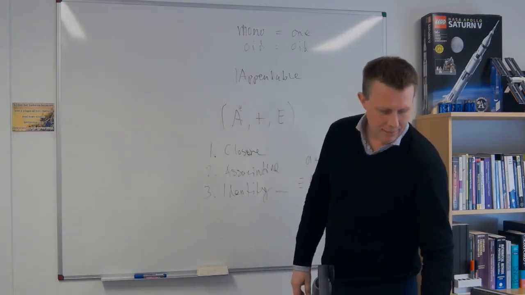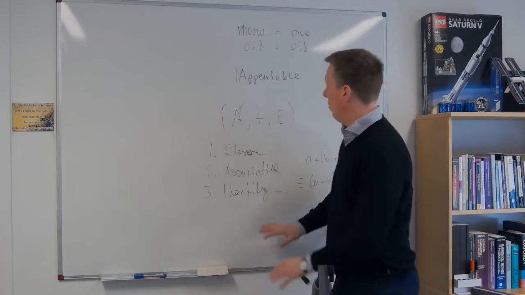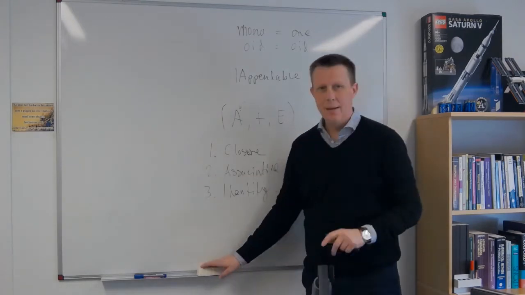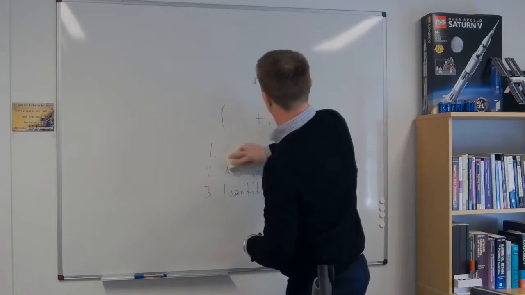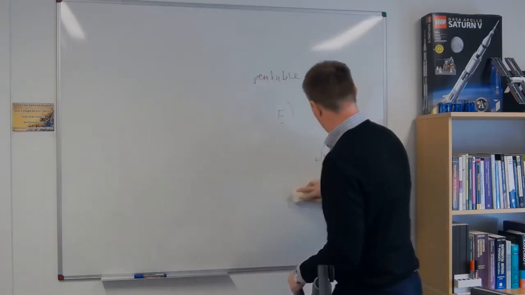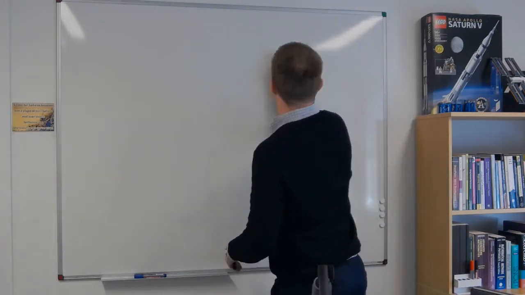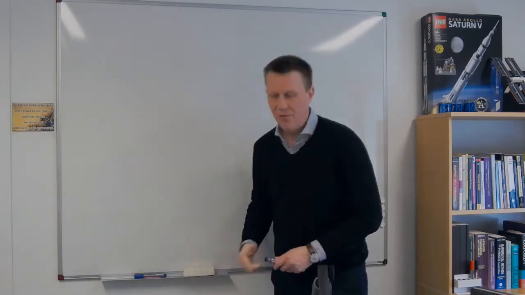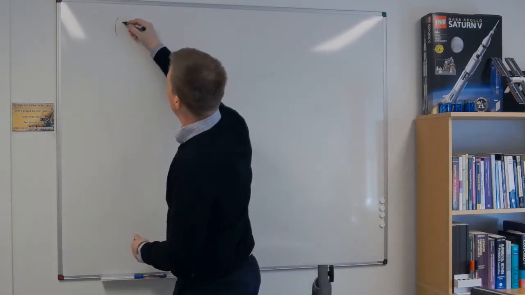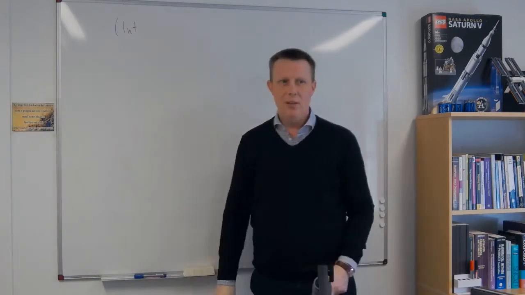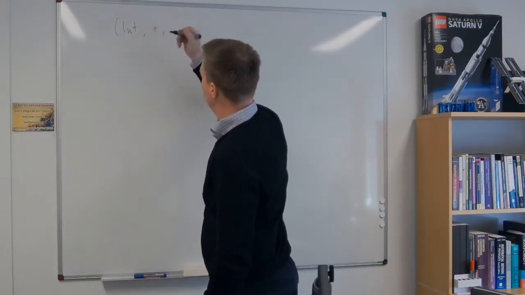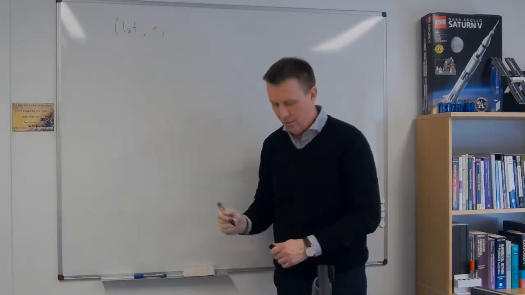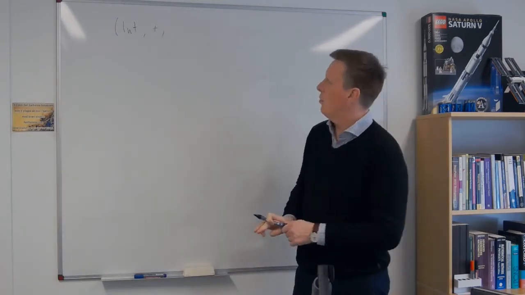So let's do some examples, because this is all awfully abstract, and monoids are, believe me, simple things. So let's look around for some monoids. The first one we're going to look at is, I'm going to take the set of integers. I'm going to take normal plus, and then we're going to have to find a neutral element.